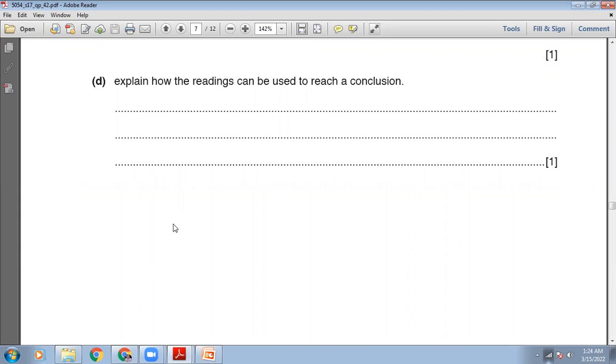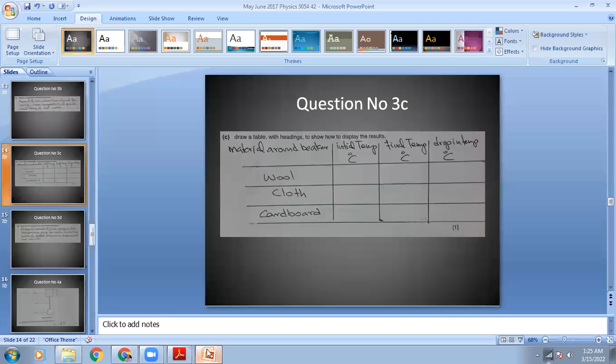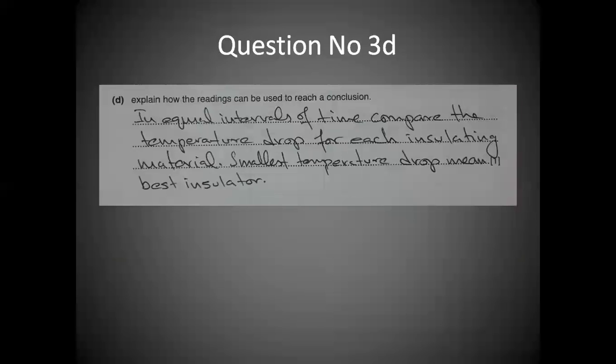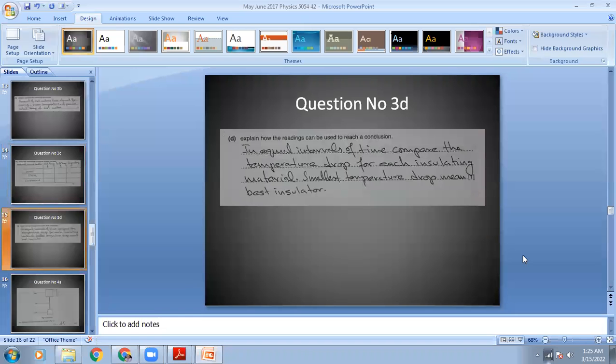The one in which the temperature drop is the least will be the best insulator. In equal intervals of time, compare the temperature drop for each insulating material wrapped around the beaker. Smallest temperature drop means the best insulator. Okay, so that's my answer.